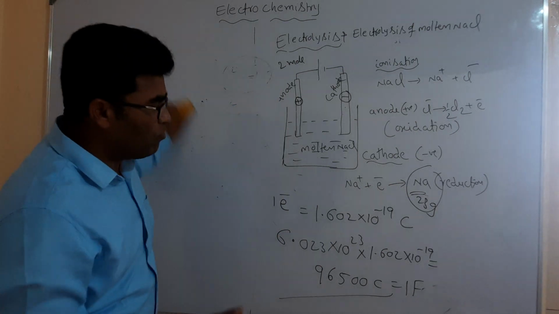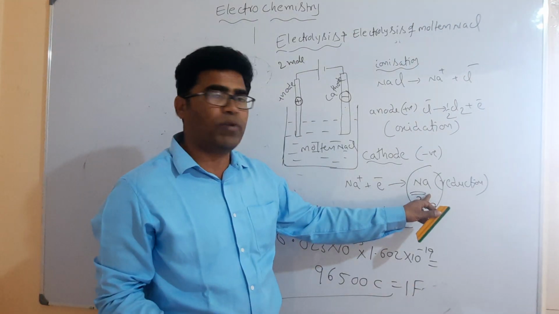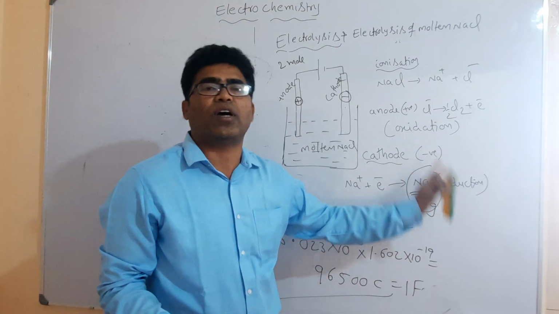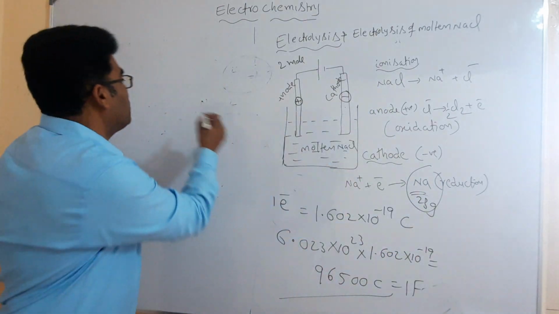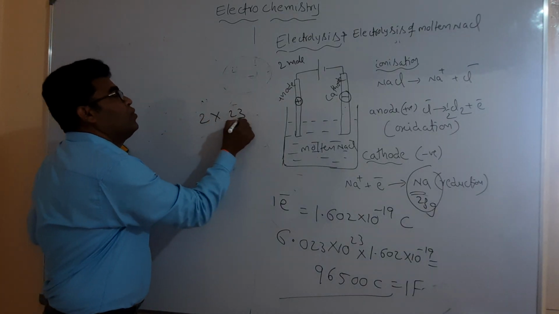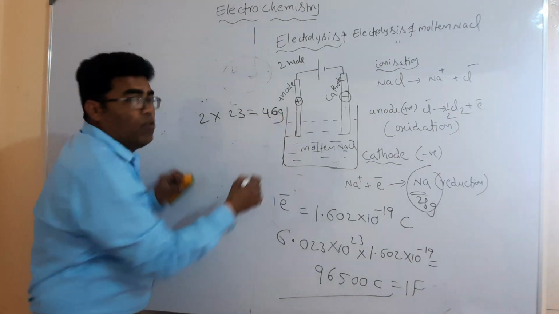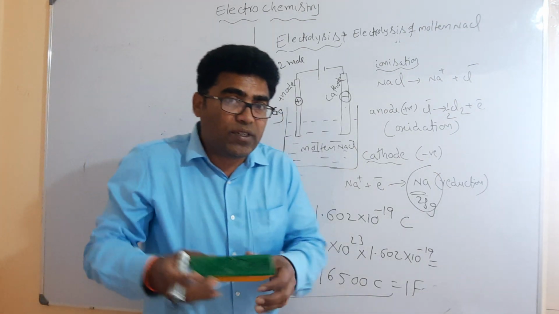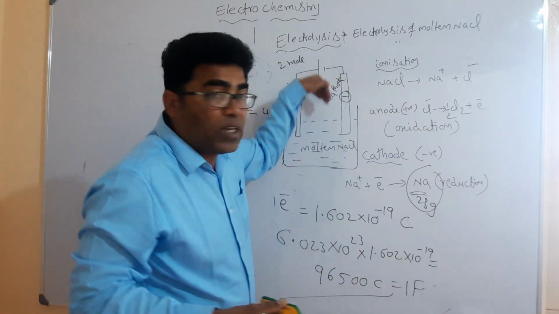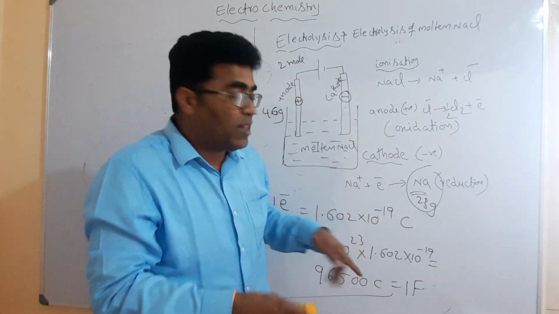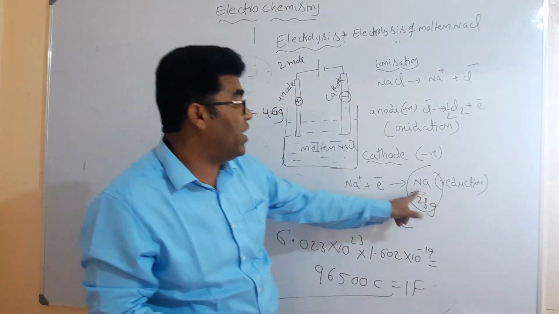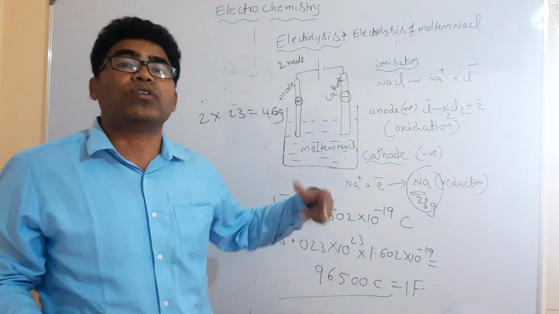So when 1 Faraday of electricity is passed, how much is deposited? 23 gram sodium. When 2 Faradays of electricity are passed, 2 into 23 gram, that is equal to 46 gram. If the amount of electricity passed through the electrolyte is more, then the mass of the substance deposited at the cathode is also more.